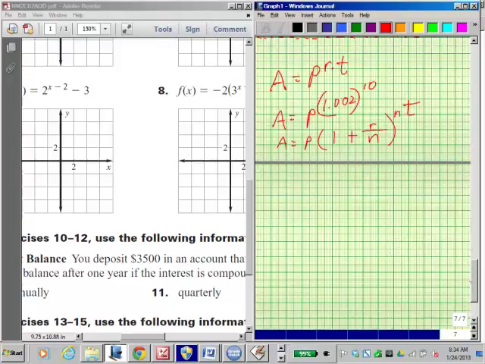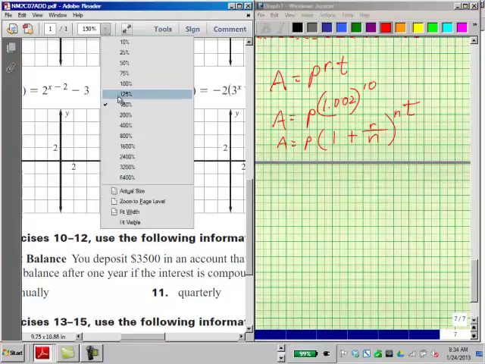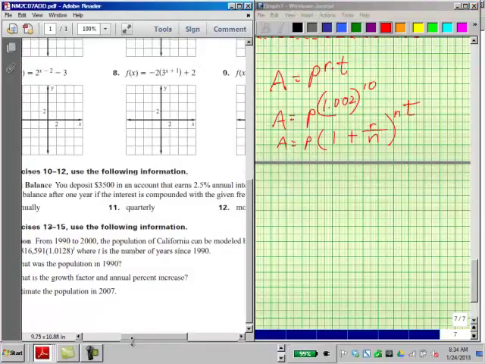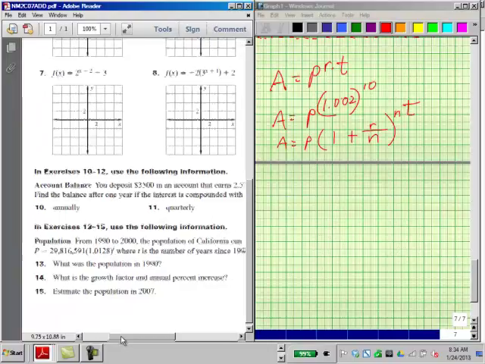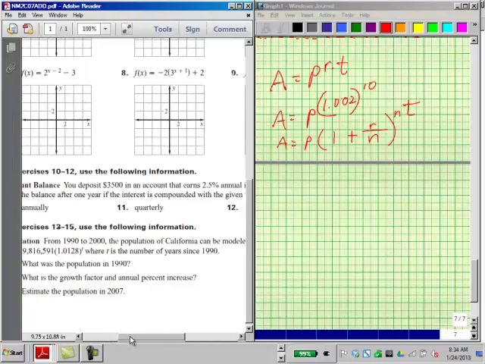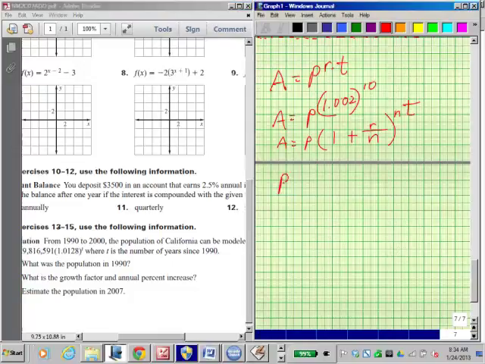So let's look at this problem here. I'm going to make this a little bit smaller. You have it on your sheet so you can see it. You deposit $3,500, so P equals 3,500. The interest is 2.5%. Make sure you put it in the proper decimal form, 0.025.